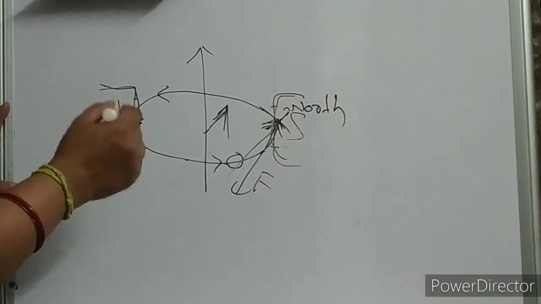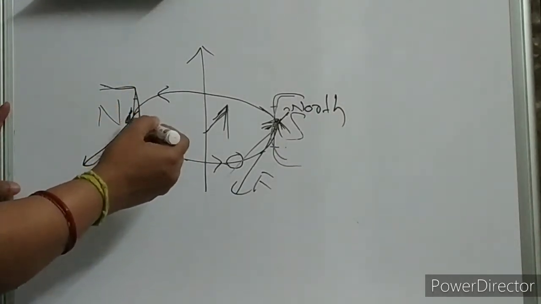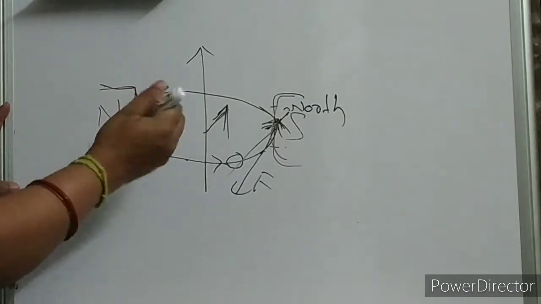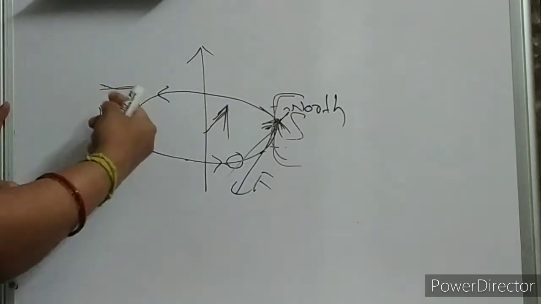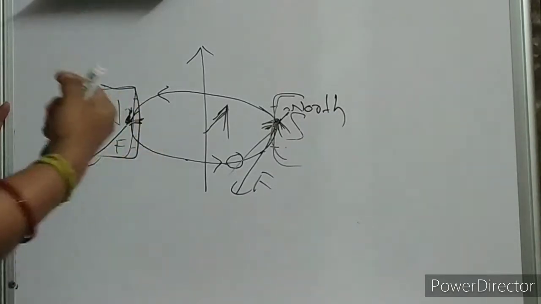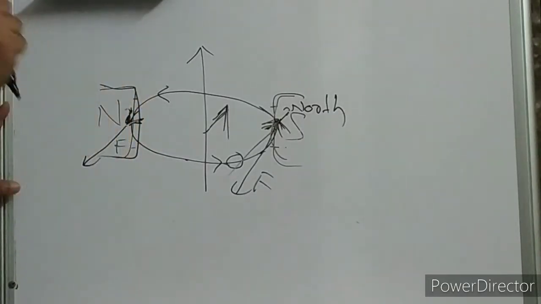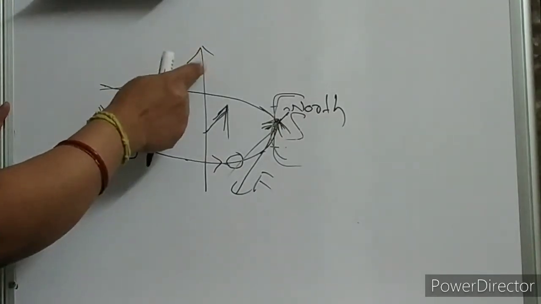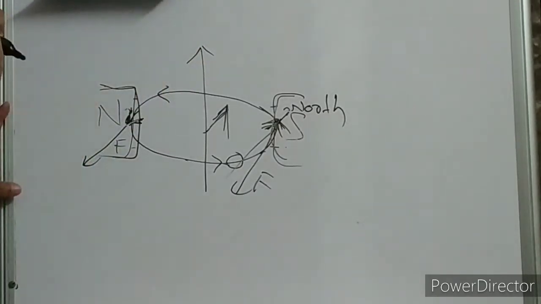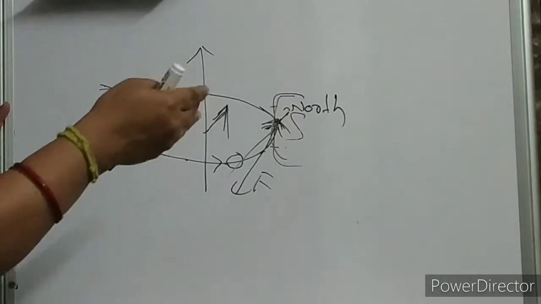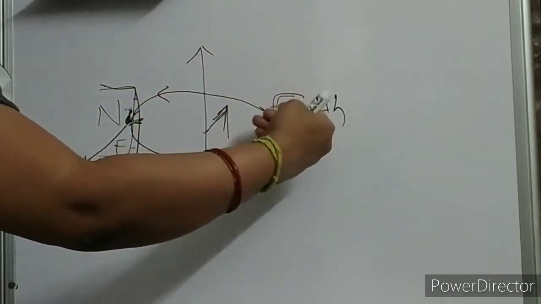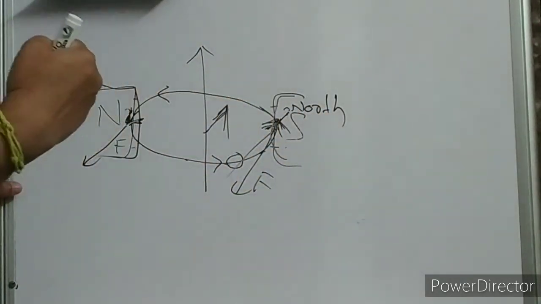At this point, see your compass needle is showing in this direction. That means it is outward direction. Force experienced by your north pole of the compass needle is in outward direction, out of the board. This is the force given by this wire on the magnet. Similarly, here also, north pole is inward. That means south pole is experiencing the force in outward direction.